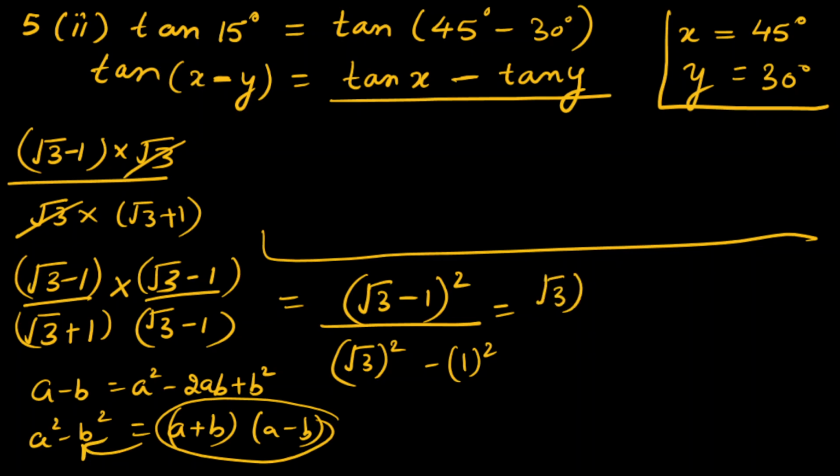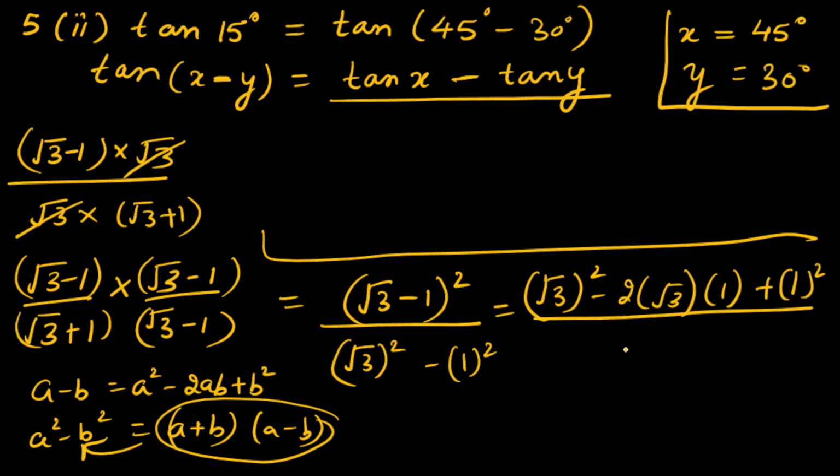A square means root 3 square, minus 2 into a, where a is root 3, into b, which is 1, plus b square. B square means 1 square. Root 3 square will be 3, root 3 into root 3 is equal to 3. 1 square is 1. So upside also, root 3 square is 3, minus 2 root 3 into 1 is 2 root 3, plus 1.